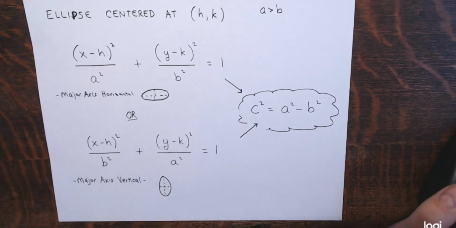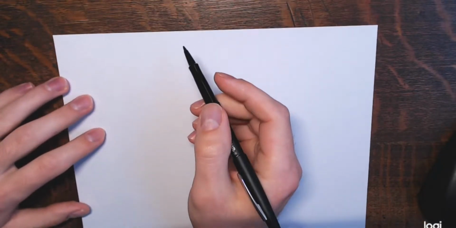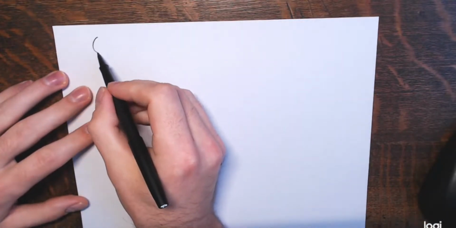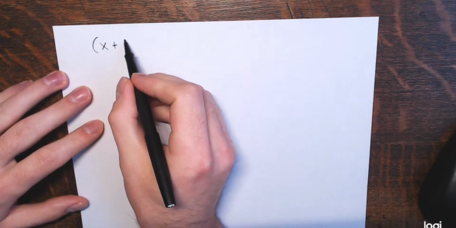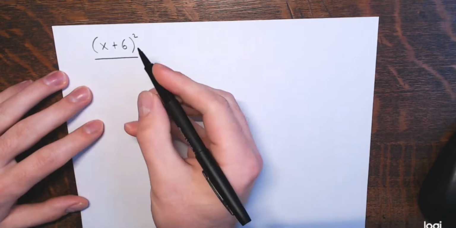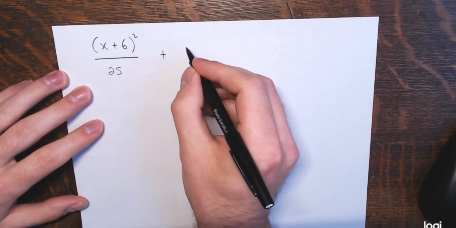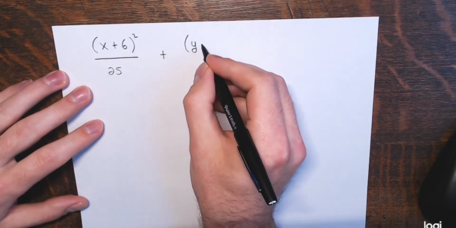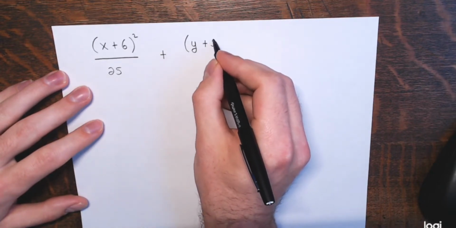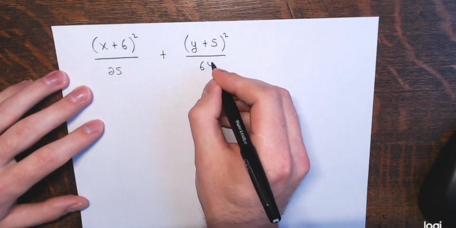So the first example we're given, the first equation, is the following. I have the quantity x plus 6 squared divided by 25, plus the quantity y plus 5 squared divided by 64, equals 1.